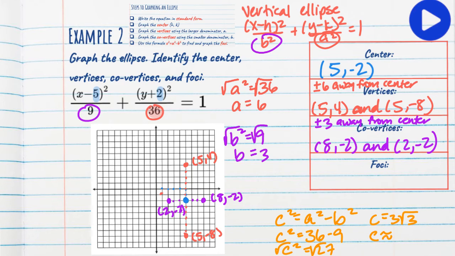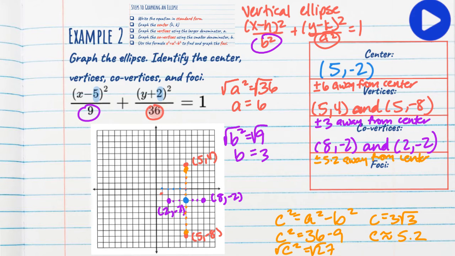And that's approximately 5.2. So our foci are plus or minus 5.2 away from the center. So we need to go up 5.2, 1, 2, 3, 4, 5.2, and down 5.2, 1, 2, 3, 4, 5.2.